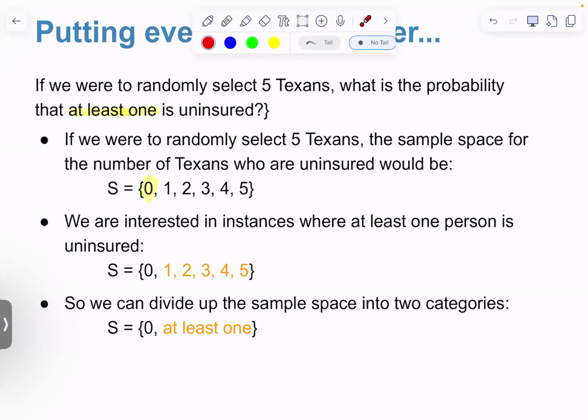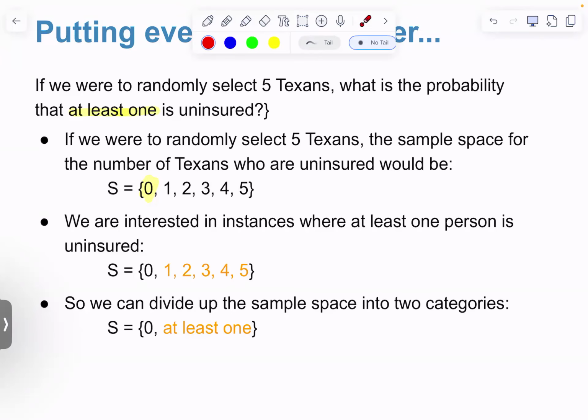Now, when we talk about at least one, what are we really saying? Well, at least one is 1 or 2 or 3 or 4 or 5. That's a lot of math that I'm saving you from.